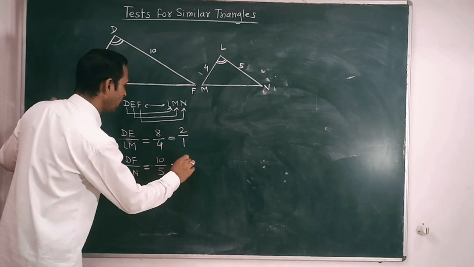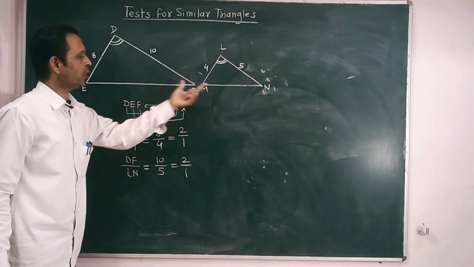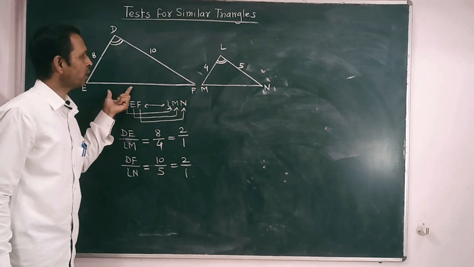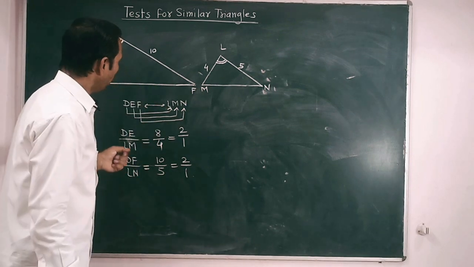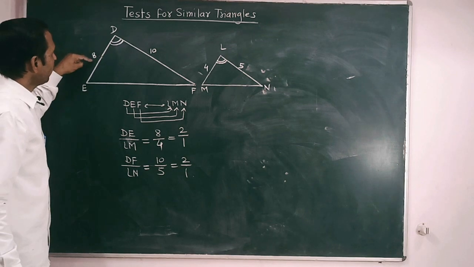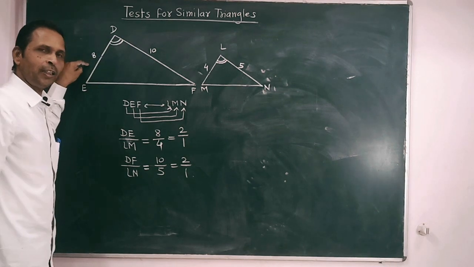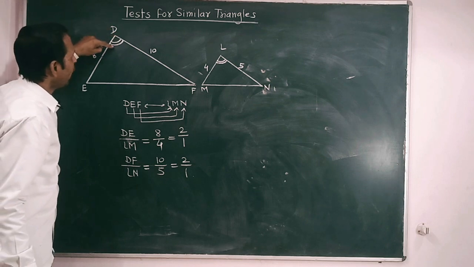This ratio is again 2 upon 1. But the third side or third ratio is not given, the length of the third corresponding side is not given here. But we are given that the included angle, the two sides which are given, the length of two sides are given. Now this included angle is given.